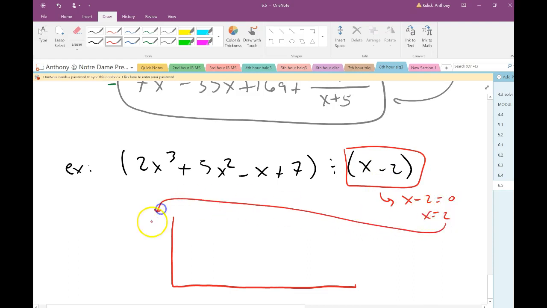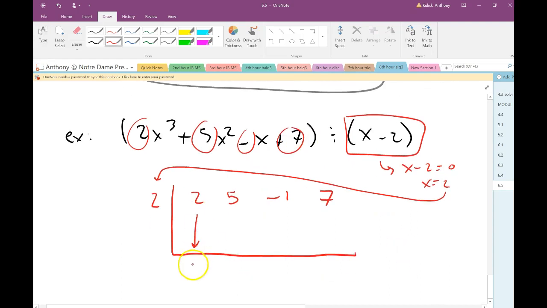That number is going to be what goes on the outside. And then I'm going to use my coefficients and put them there. Notice I went x cubed, x squared, x to the first, constant. I didn't skip anything, so there's no zeros that I need to put in.